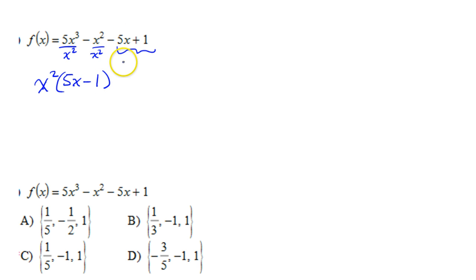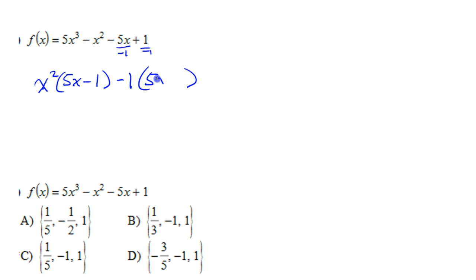In the meantime, over here, there is no GCF, but I see I've got a negative there. So I'm going to treat this negative like it's a negative 1. So what I need to do is pull out a negative 1 and divide both of these by negative 1.